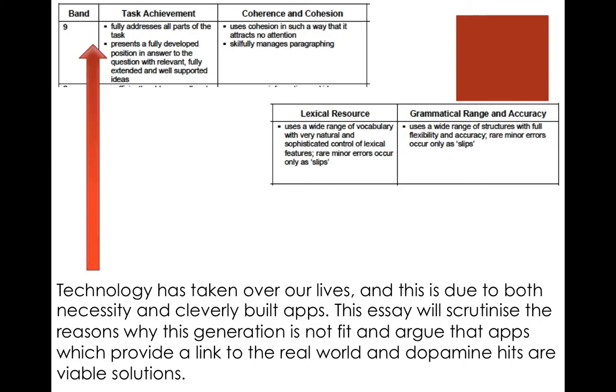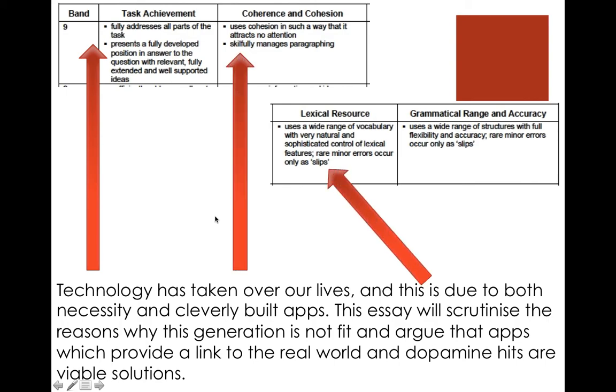So first of all, are we fully addressing the task? Yeah. Again, cohesion, wide range of vocabulary, scrutinize, and dopamine. Great, good wide range of vocabulary, and it's very precise, very natural. This is the right way to use these.